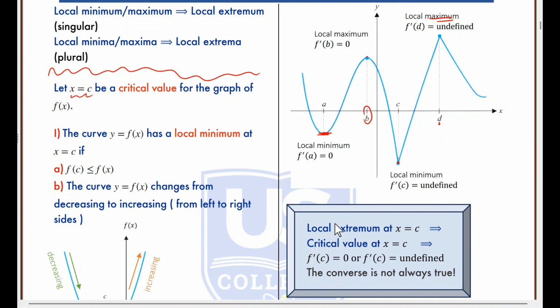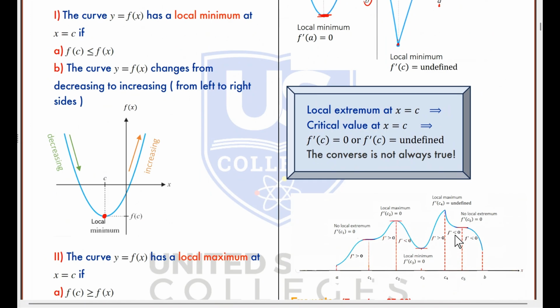The opposite is not true. So we should say local maximum or local minimum points occur only at critical points, but critical numbers don't always yield local extrema. Just because we have a critical point doesn't necessarily mean that we have an extremum. We have to be careful.